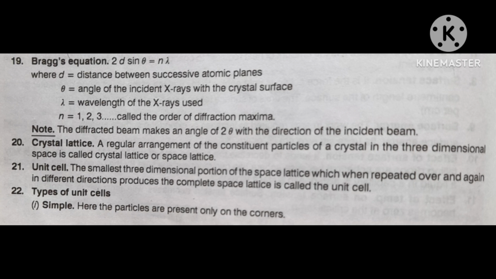Now, what is a unit cell? It is very easy to understand. Suppose you have taken one cube, a small cube, or in a simple way you can understand it as one brick, correct?